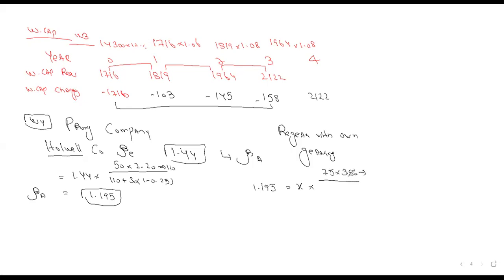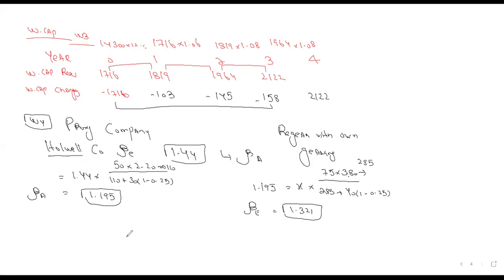So this is giving you 285. And its value of debt was given as 40 into 1 minus 0.25. So you will get the beta equity 1.321. Understanding, miss?